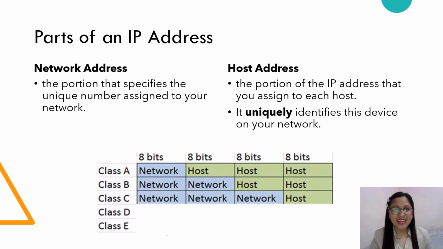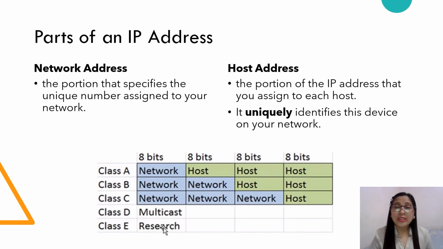For class C, the first 3 octets are the network address, and the last octet is the host address. There are no defined network and host addresses for class D and E, since they are reserved for multicast and for research.